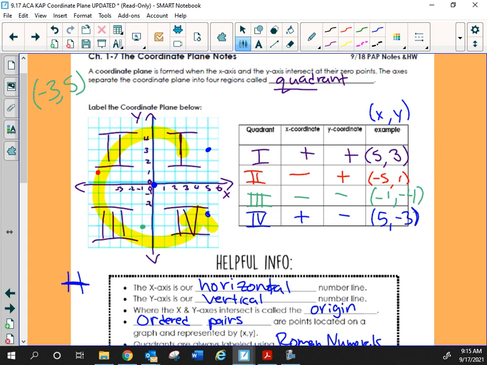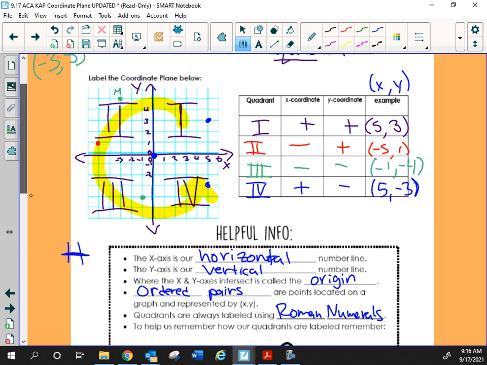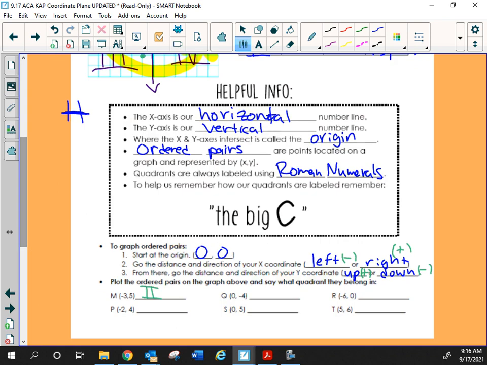And the 5 tells me to move up. 1, 2, 3, 4, 5. Okay, so I'm going to put point M right there. So it's asking me what quadrant that goes in. So what quadrant is that? Ooh. Okay, and I'm going to use that Roman numeral. Go ahead and do the rest of them. And pause and play when you're ready at home.